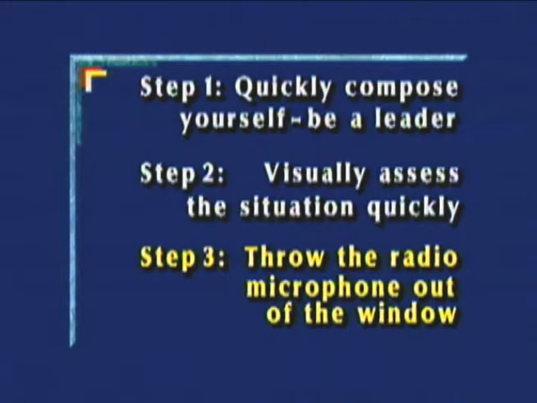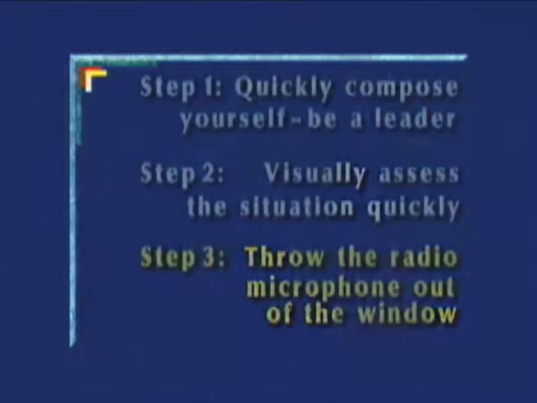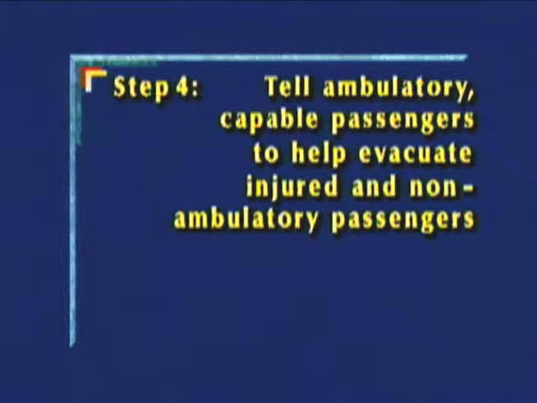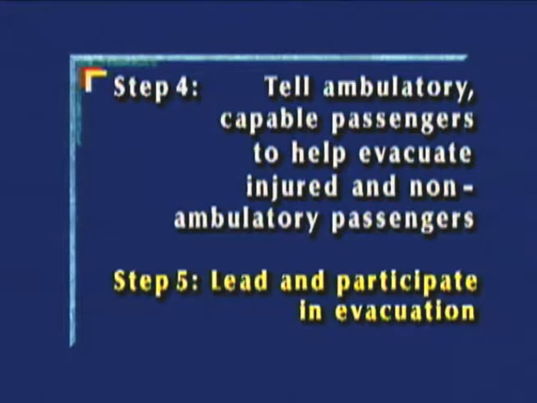Throw the radio microphone out of the window. Step 4. Tell all ambulatory capable passengers, including personal care attendants, to help evacuate injured and non-ambulatory passengers. Step 5. Lead and participate in the evacuation.